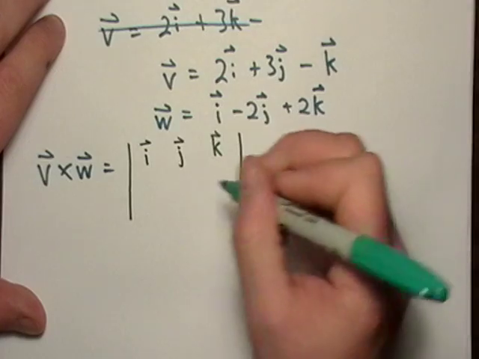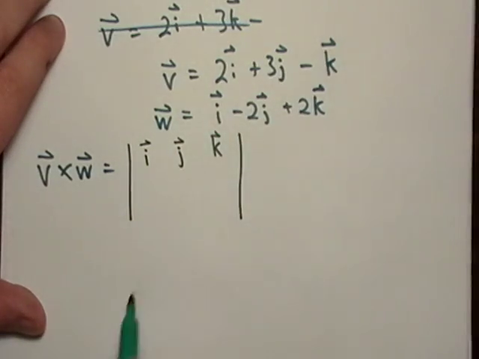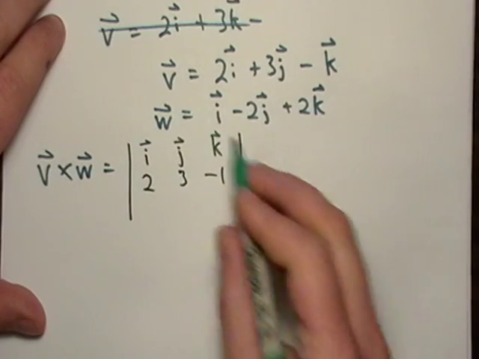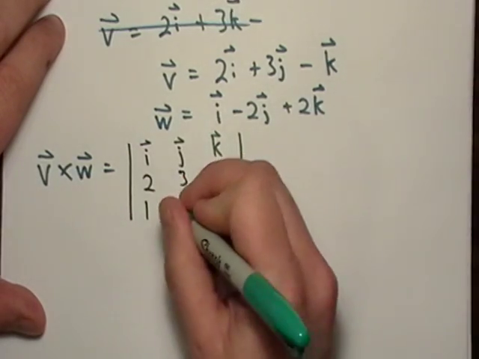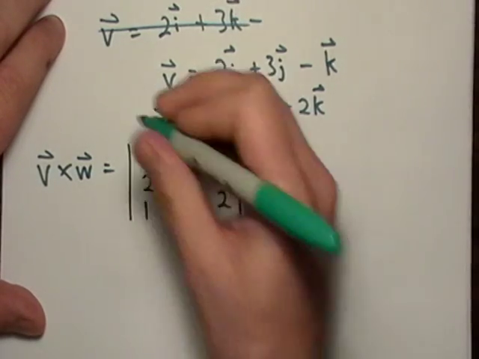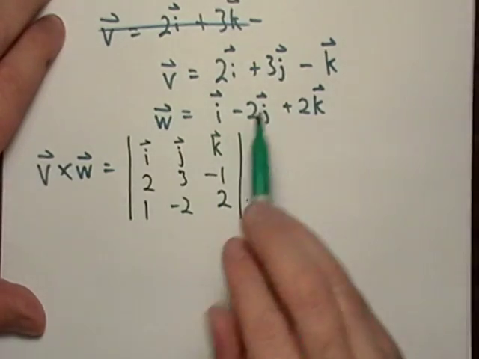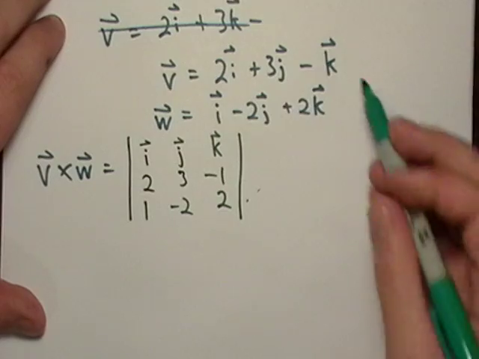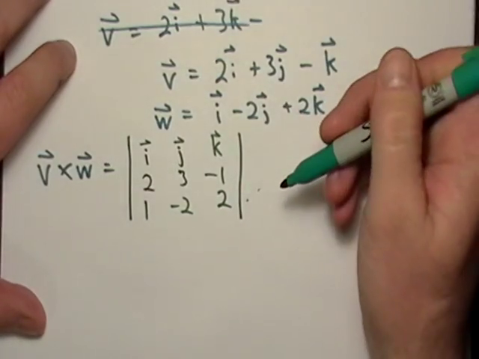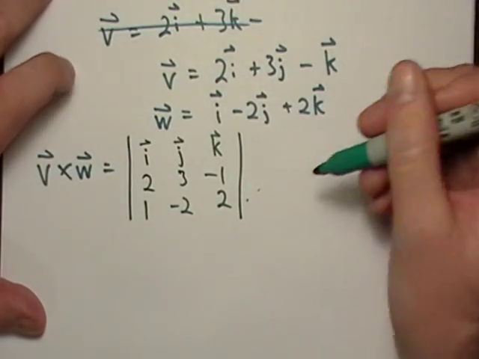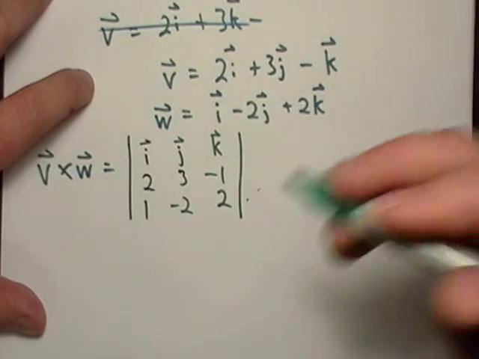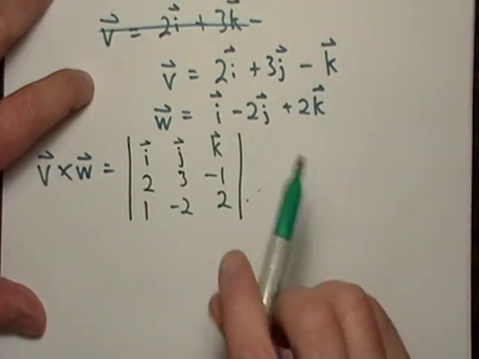So we get 2, 3, negative 1, 1, negative 2, 2. Okay, now I've set that up. This is the way you'll do it every time. Like I said, there's more to this, but let's just do it this way for now, because we're just using it to do other stuff.